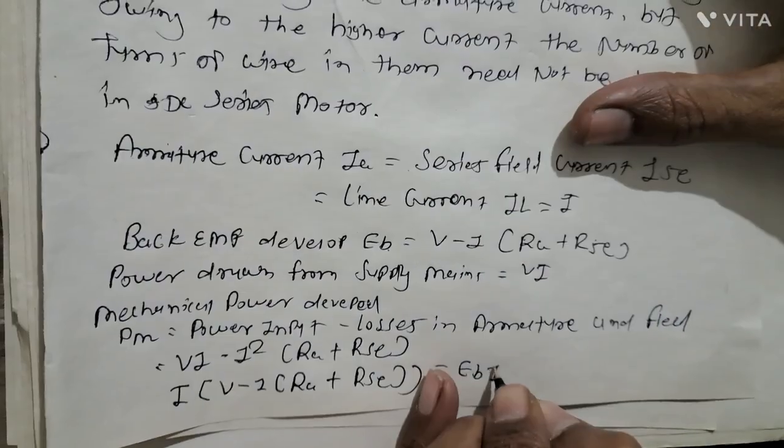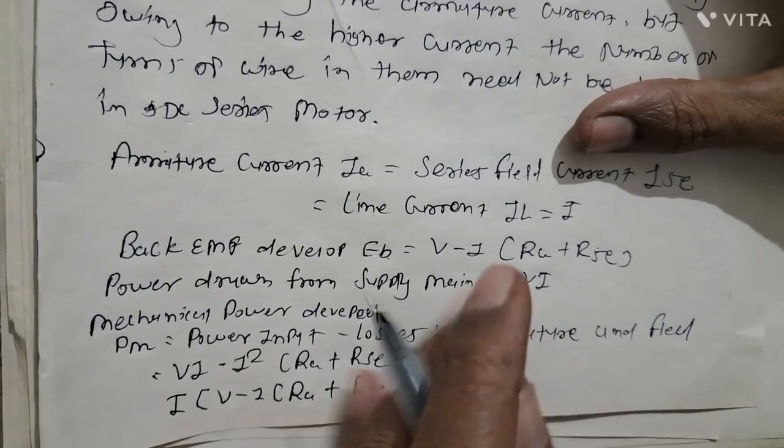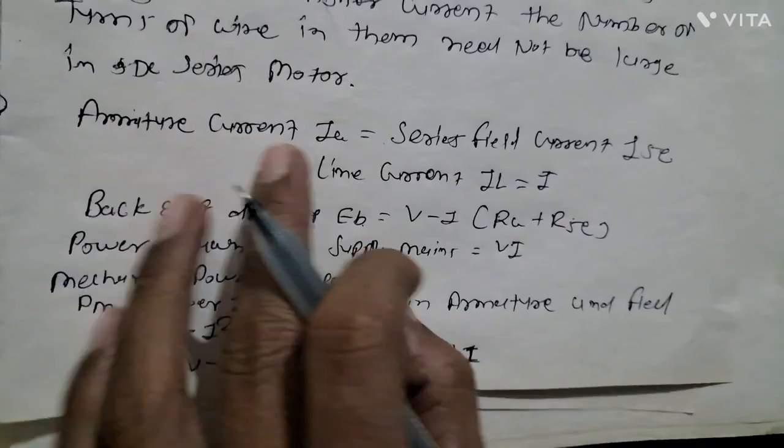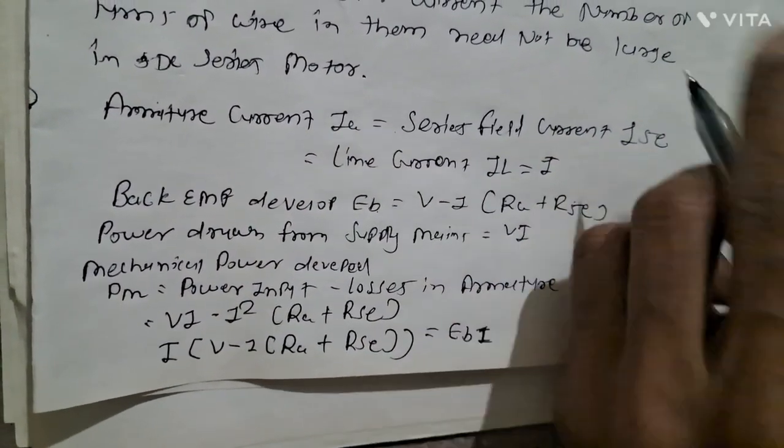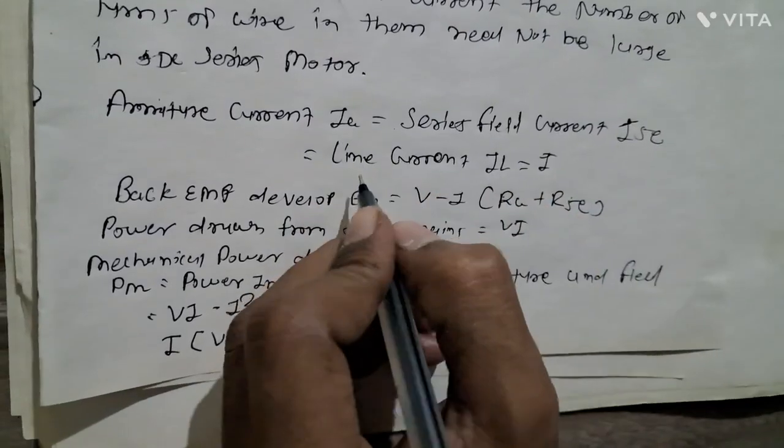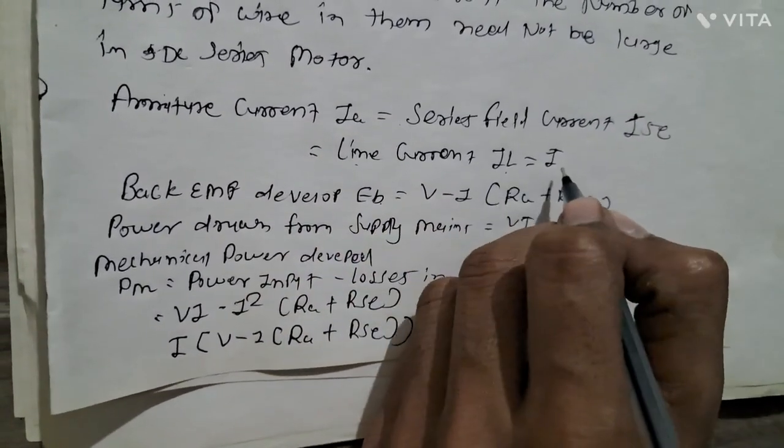Okay, so the armature current IA, series field current ISE, line current IL, I is equal.